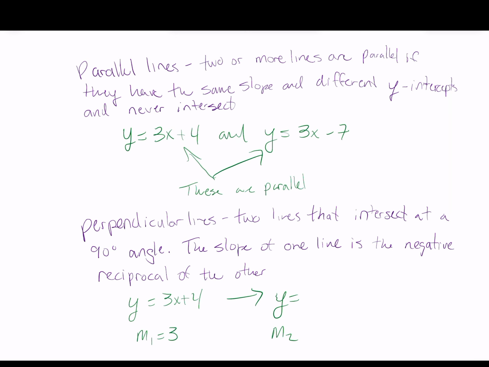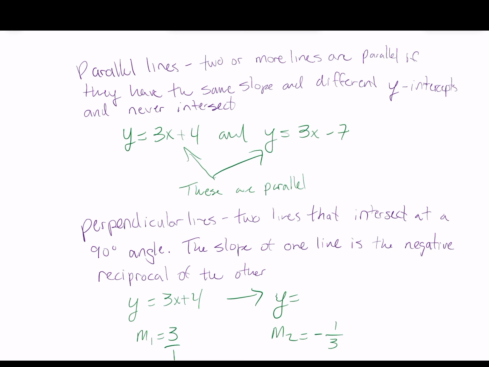Well, the slope of one line, m1, is 3, so m2 has to be the negative reciprocal of that. What does it mean to be a reciprocal? Well, 3 over 1 in the first case is our slope in rational form. The reciprocal is the flip of that, which is 1/3. So the negative reciprocal is negative 1/3.